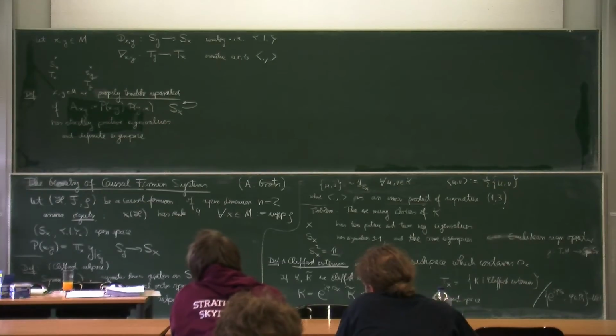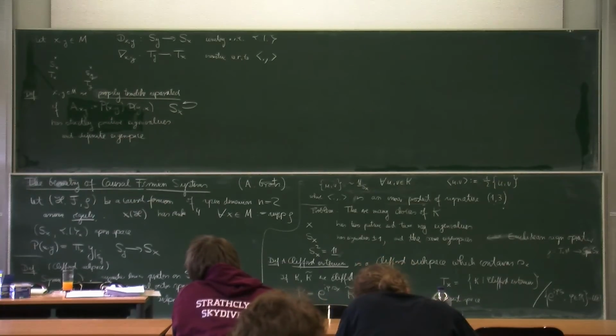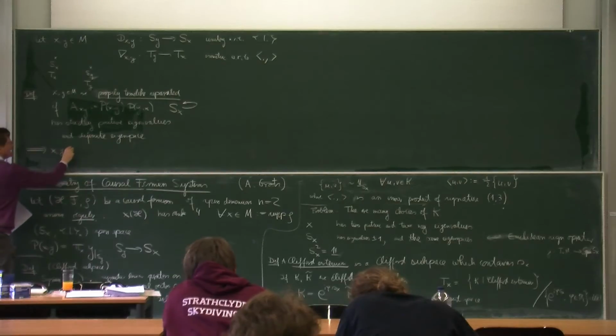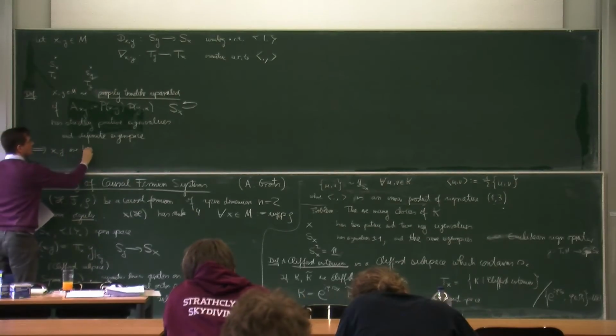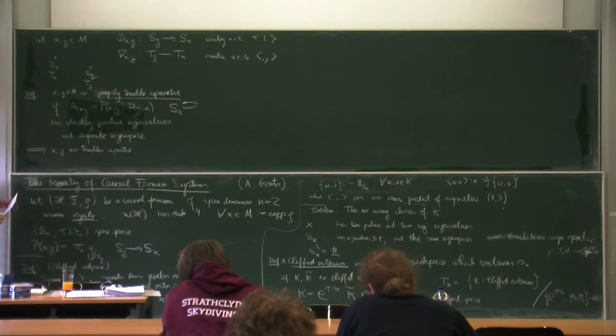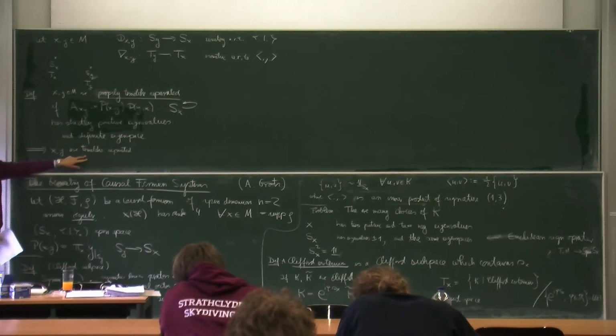It turns out that if you have a definite eigenspace, then the corresponding eigenvalue is automatically real. Therefore, this definition implies that x and y are time-like separated in the way we defined it in our first lecture. Because then the two eigenvalues are real, as a consequence of the fact that the eigenspaces are definite. Also the two eigenvalues cannot be the same, because otherwise the eigenspace would be four-dimensional and it would no longer be definite.